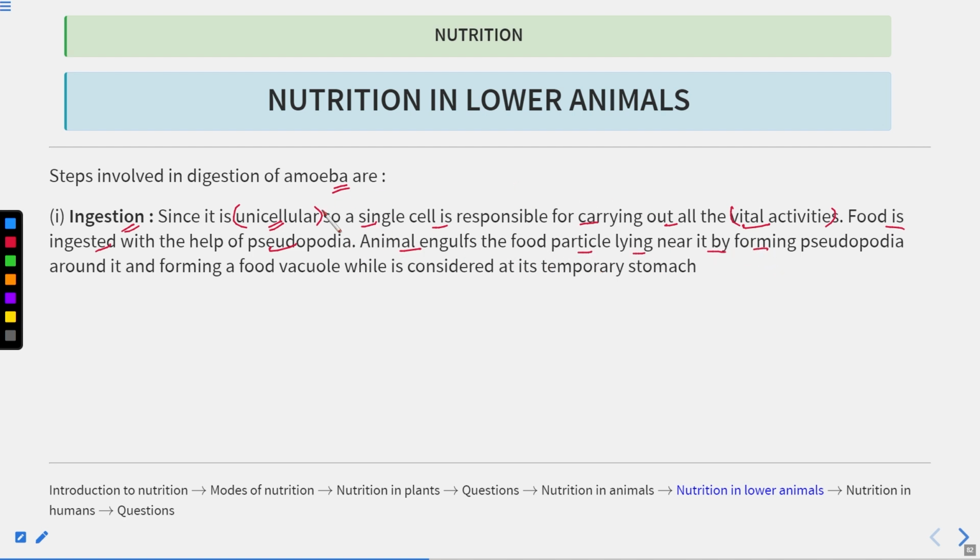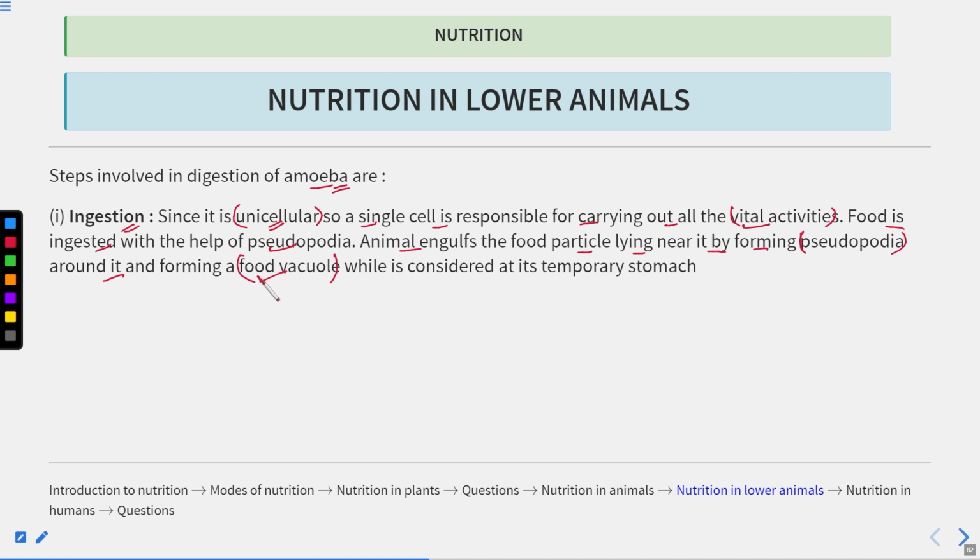First the amoeba forms the pseudopodia, which are just finger-like projections around it. Then it engulfs the food materials, and the food material enters into the food vacuole present inside the amoeba.